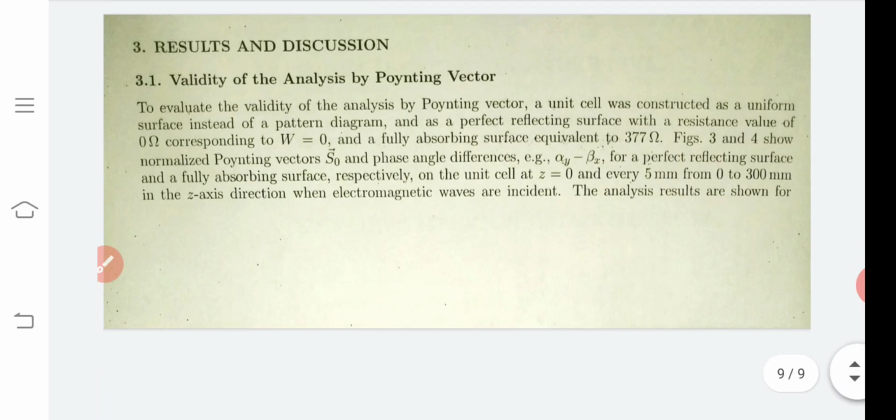Then the normalized Poynting vector S0 and phase angle differences Ay and Bx were obtained for a perfect reflecting surface and a fully absorbing surface respectively on the unit cell at z equals 0 and every 5 mm from 0 to 300 mm in the z direction, in which electromagnetic waves are incident.